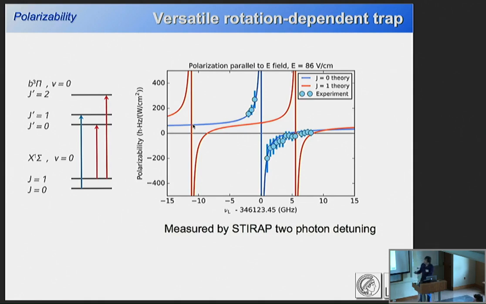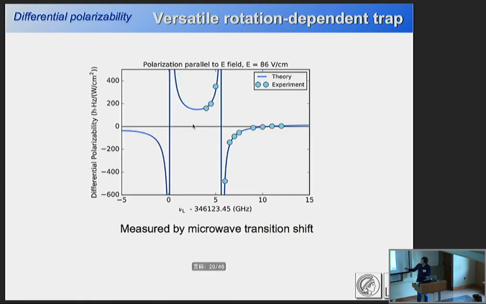However, because our Stirap laser drifted by 20 kilohertz per day, it's not so precise. So to measure the J=1 state, we essentially measure the difference between J=0 and J=1 by using the microwave transition.